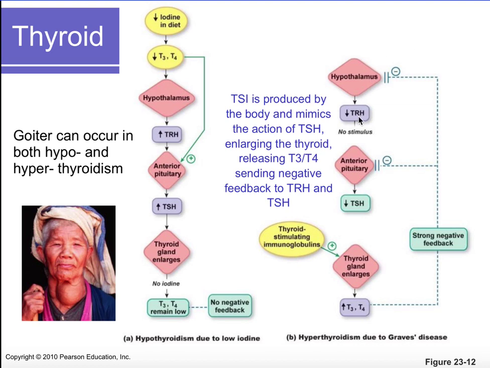And so TRH levels will be low, TSH levels will be low, but we won't stop making thyroid hormone, because it isn't this normal axis that's causing it. It's this other immunoglobulin, this other antibody, that's stimulating it. And this antibody is not subject to this negative feedback. So because, again, you're constantly stimulating the thyroid gland, it will enlarge and lead to a goiter.